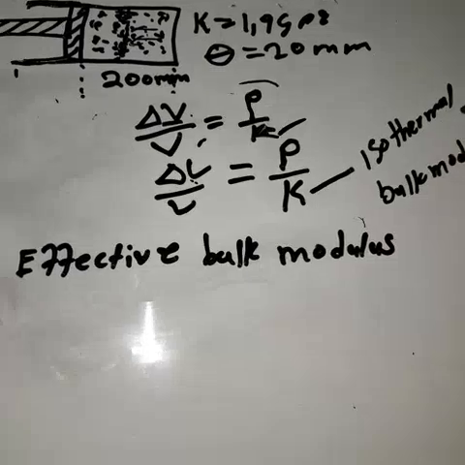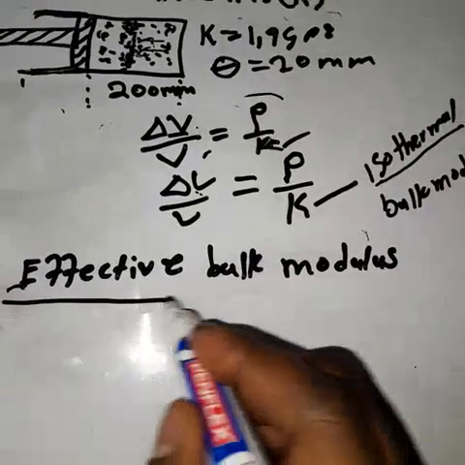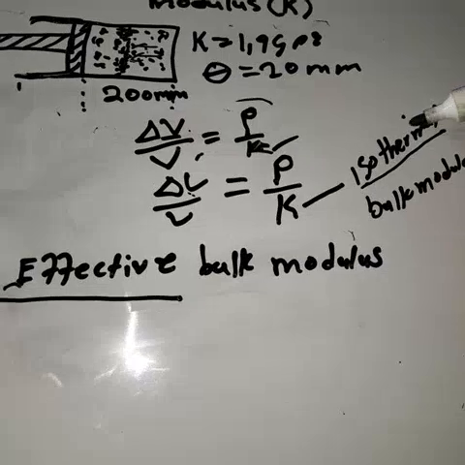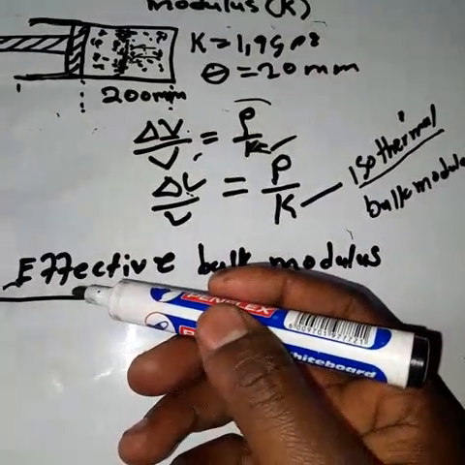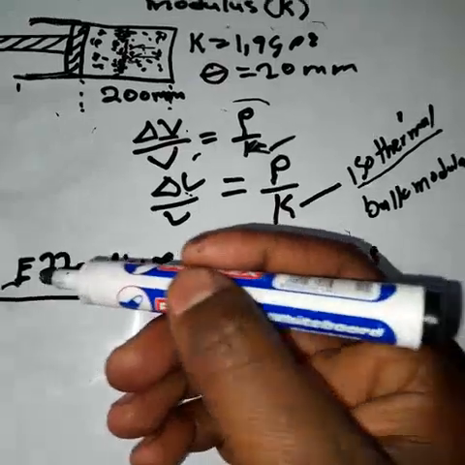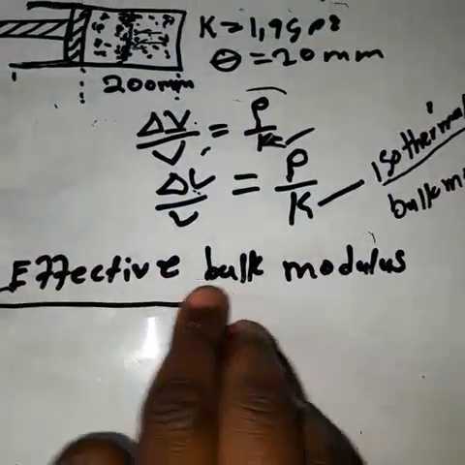It is different from this. You see the difference, this is isothermal. This is effective. This is not the same thing. Isothermal will always be given. This can be given also. Sometimes you calculate it, but it can also be given. But this is effective. It's not the same as isothermal bulk. Please remember that. Do not confuse the two.